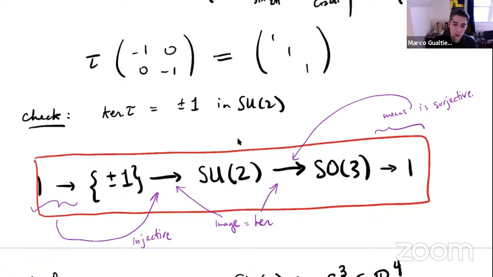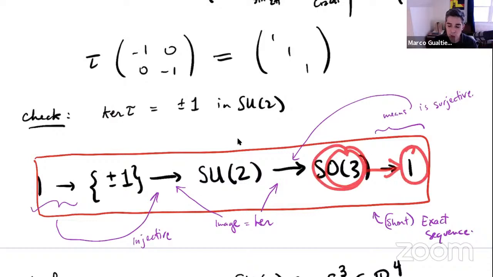Whenever you write this, it's called an exact sequence, a short exact sequence. The reason it's called an exact sequence is because the maps are not forgetting anything. Everything is very tight. So if you look at this map from this group to this group, this 1 just denotes the trivial group.